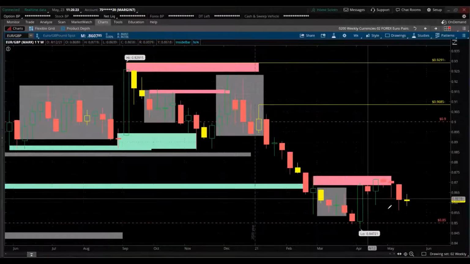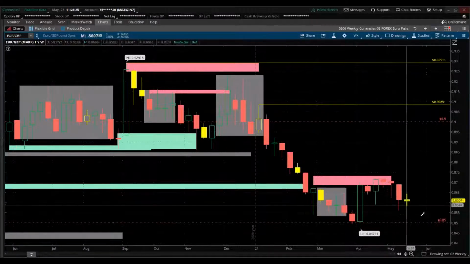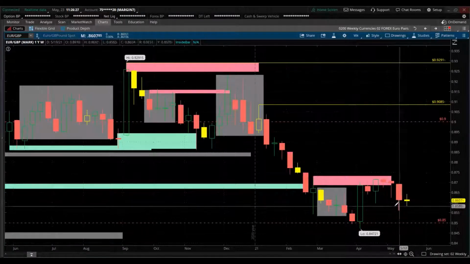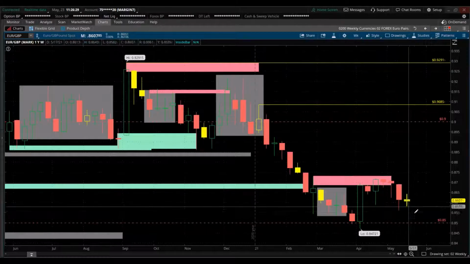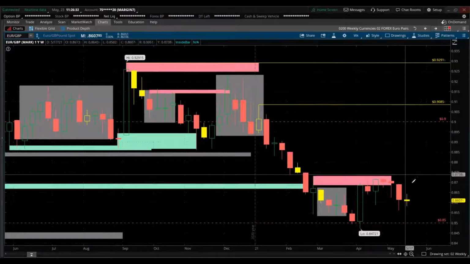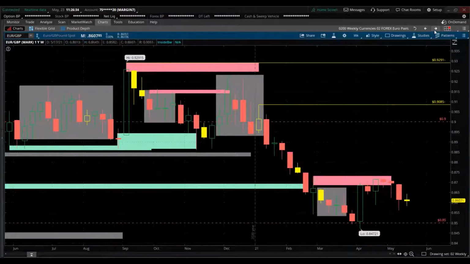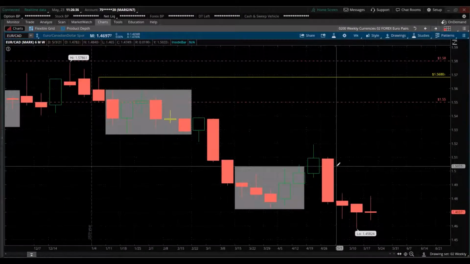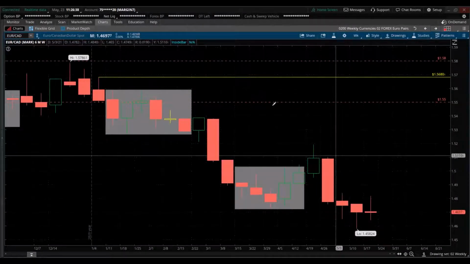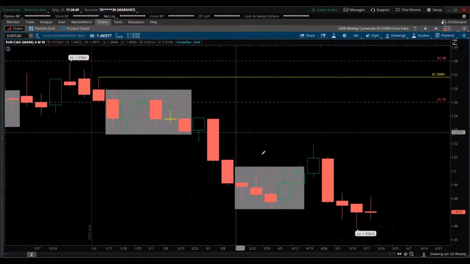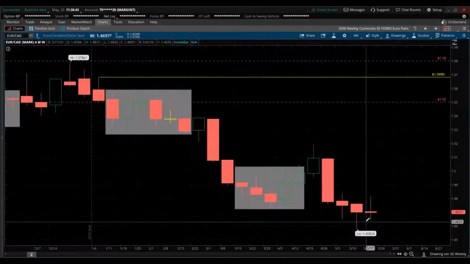Euro pound, inside candle for the week, indecision. If these prices decline, they give strength to the pound. Euro Canadian dollar. The Canadian dollar has been very strong. Look at this. The prices in the euro have been declining, giving strength to the Canadian dollar.